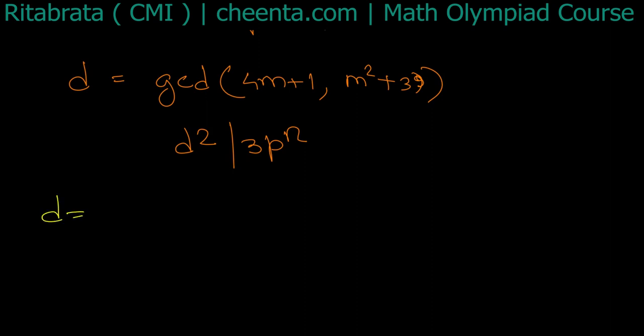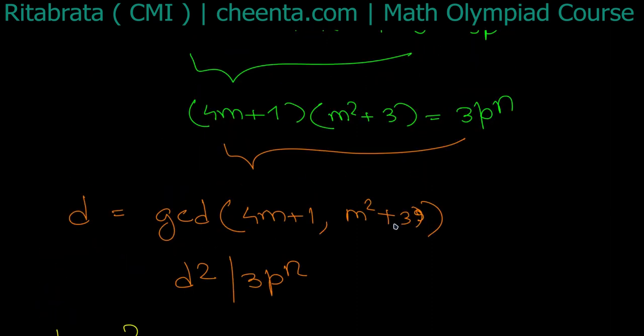What if d equal to 1? In these cases, 4m plus 1 and m square plus 3 have no common factors, and multiplying them I'll get 3 times p to the power n. And we also have GCD of 3 and p power n equal to 1. Why? Because p is a prime greater than or equal to 5, so p is not equal to 3.